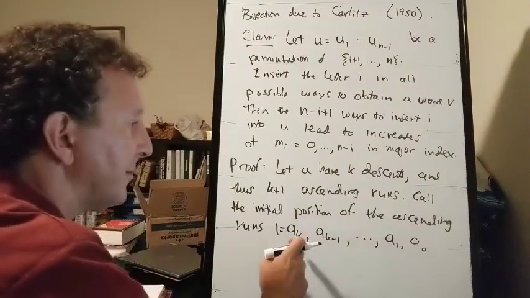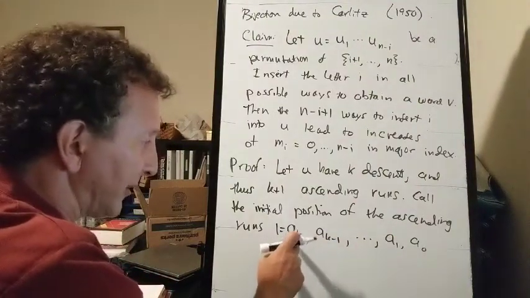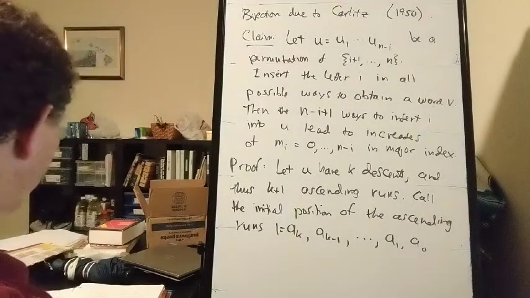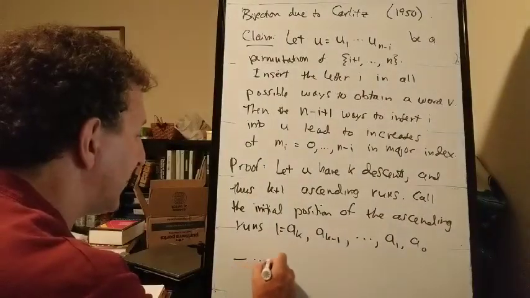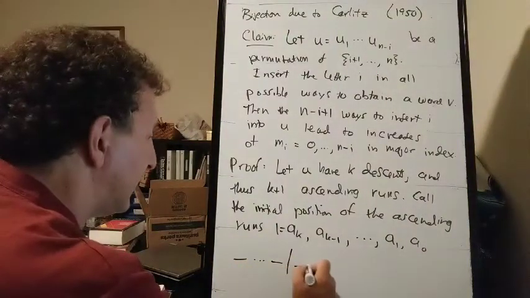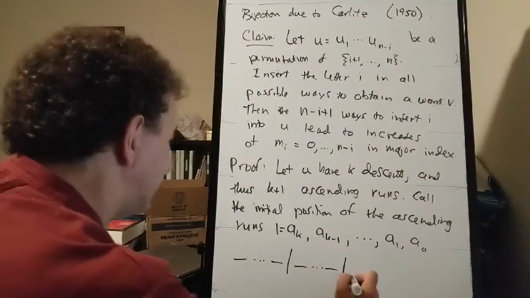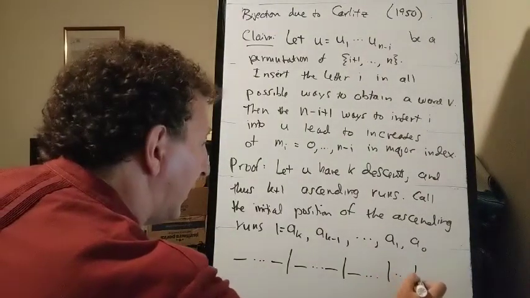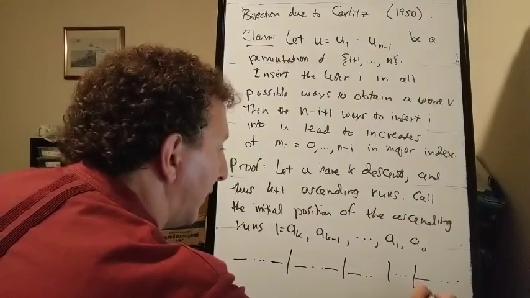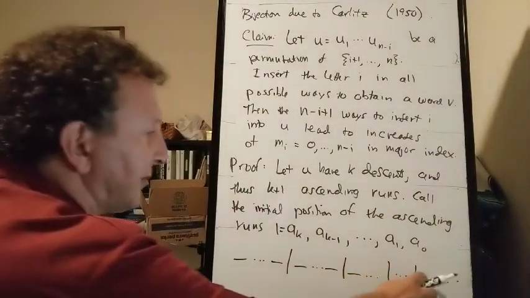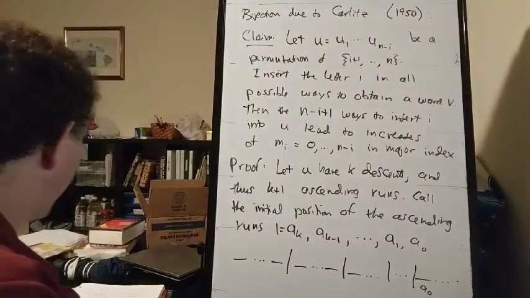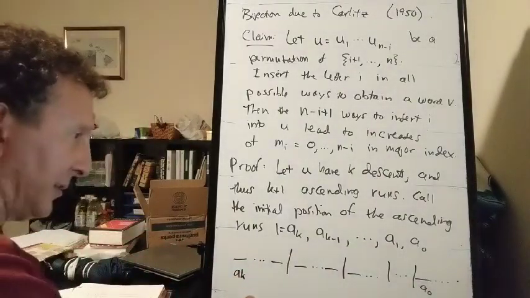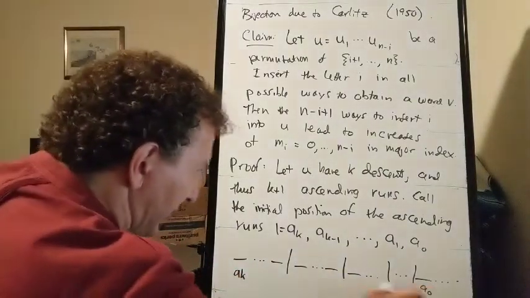And then the very first one before the first descent is going to start at position 1. So we have something like descent here, descent here, A naught is going to be the position after that final descent, and then there's k minus 1 segments here, k minus 1 indices from 0 to k inclusive.